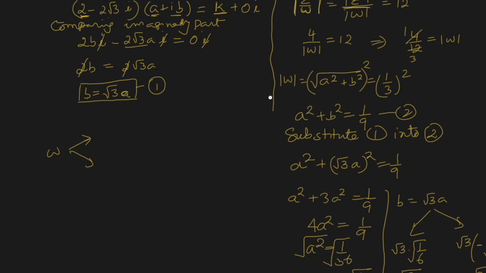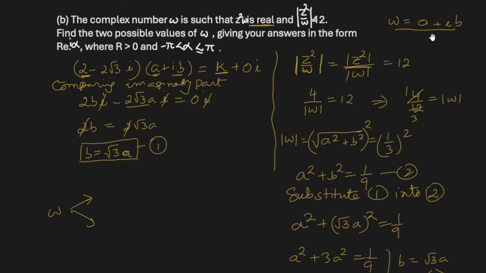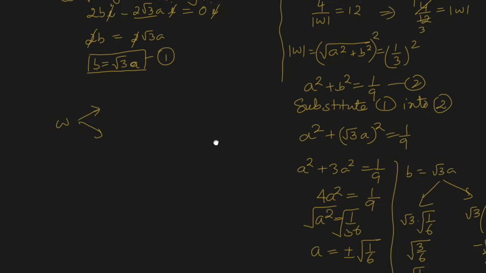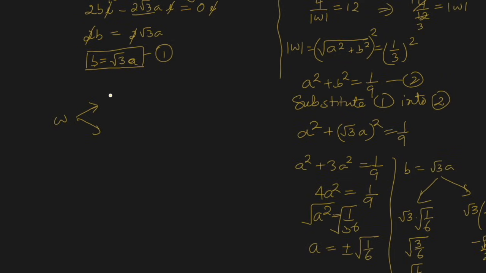So it was a plus ib, right? So a is square root. Okay, so let me convert this 1 over square root 6 to square root 6 over 6. Okay, we can do that, right? How? Some of you may be confused.